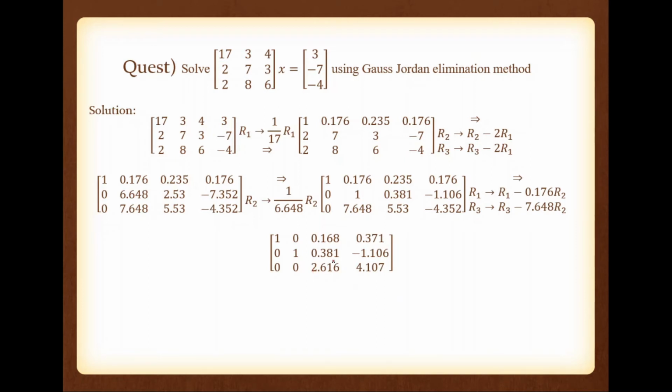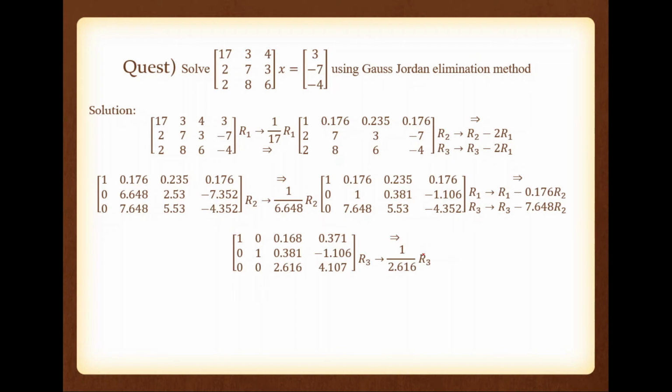The third elimination removes x3 components from all rows except the third row. Means we are going to remove these two components. First, this pivot must be 1, so 2.616 must be converted to 1. This is the third row, so R3 is equal to 1 by 2.616 into R3. This is the required operation.